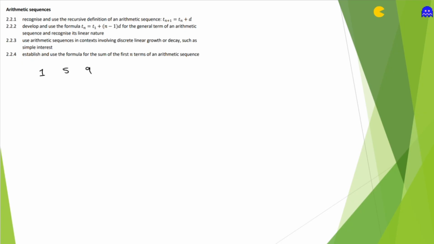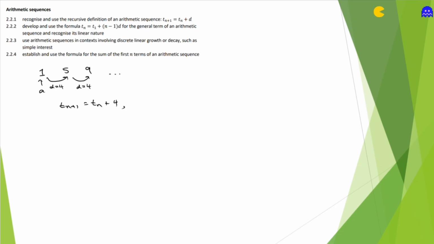So the thing that we can see is that our a value is going to be equal to 1. So the first value of our arithmetic sequence is 1. On the first day we produce 1 unit. On the second day we produce 5, and then 9, and so on and so forth. So here we can see that our difference is equal to 4. And so if we wanted to define our recursive rule, we could define that as tn plus 1 equals tn plus our difference, 4.